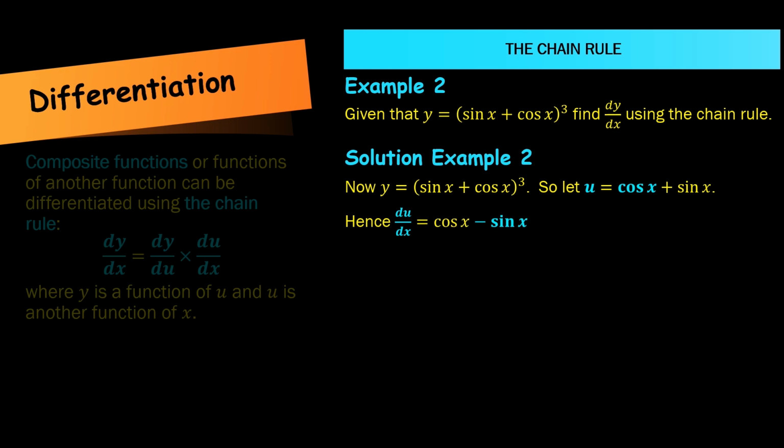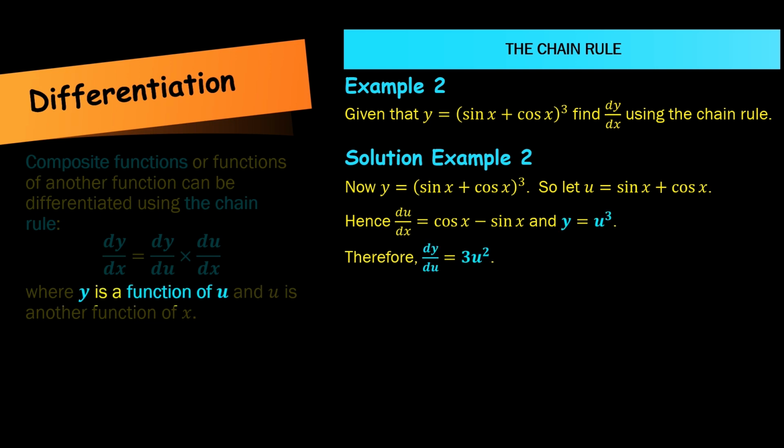Cos x differentiates to minus sin x, and sin x differentiates to cos x, to give us this expression for du/dx. We can also express y as y equals u cubed, and then differentiate to give dy/du equals 3u squared.